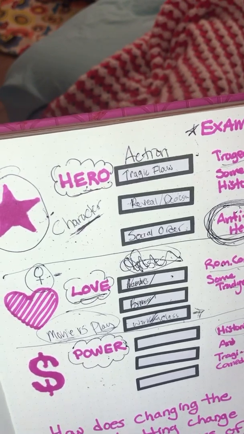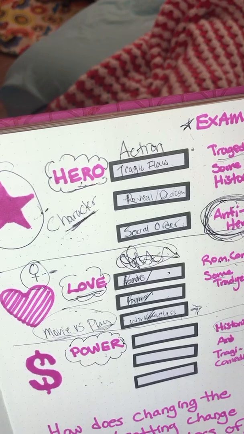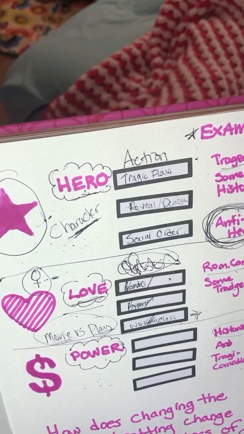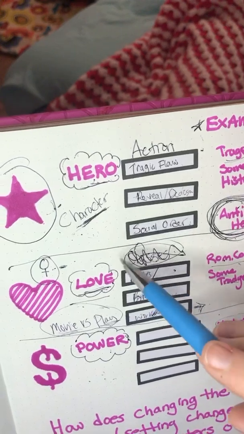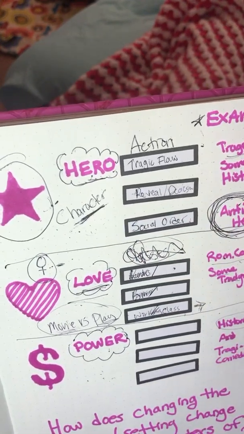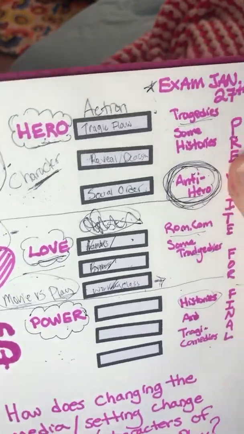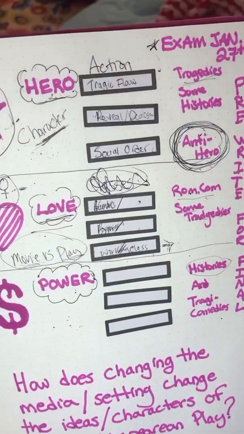How does having it in a graphic novel make it different? You know? And you can do differences in that way about love, but you can also do it about the hero or how power is seen in the play. All right? So it's basically that. And so that's the love one.